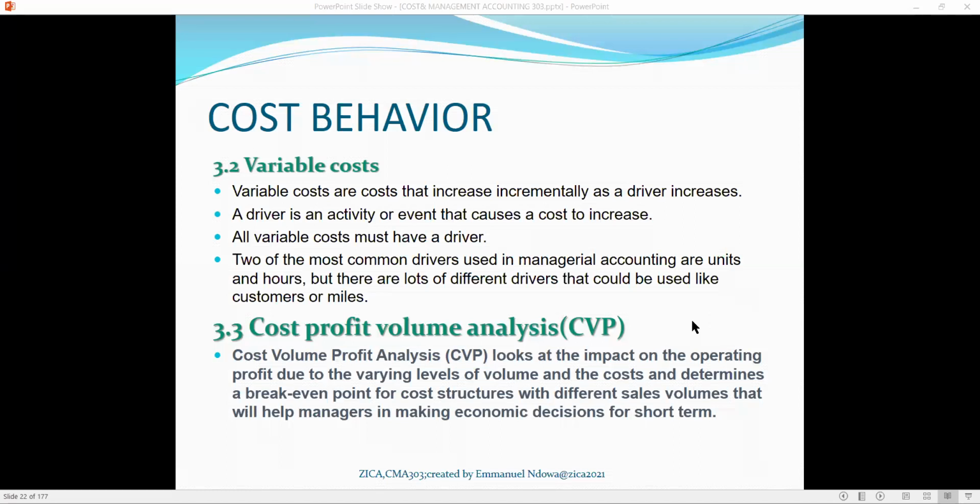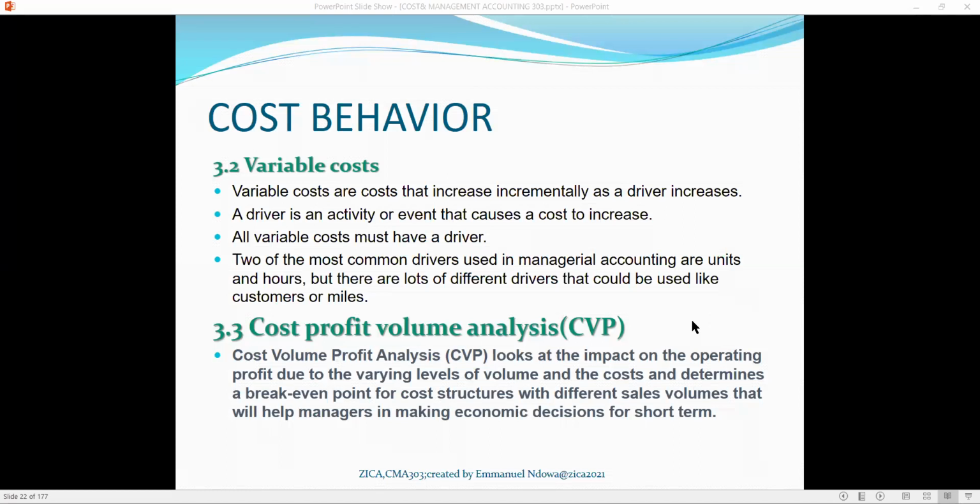But if you look at the variable costs, they will start from the point where the fixed costs are, going upwards. So if we compute the fixed costs and the variable costs, that's when we can start to have the total costs.